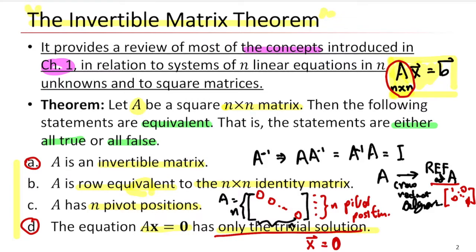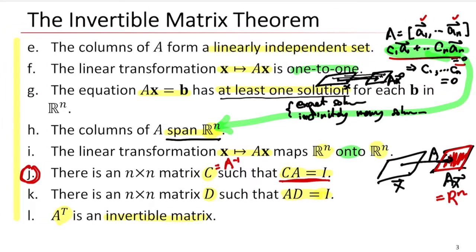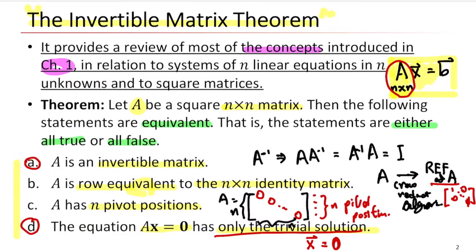Why? Because here A inverse A is equal to I, so by multiplying A inverse on the left-hand side and the right-hand side, then it should be the identity matrix.